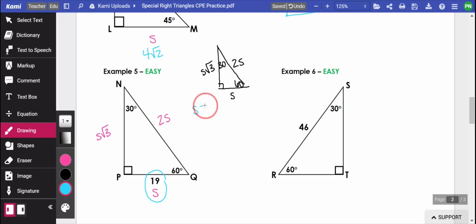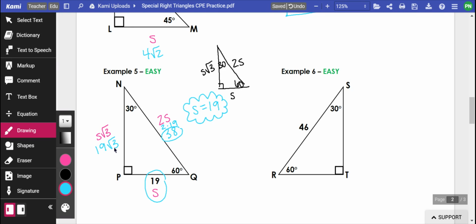So that means s is equal to 19, and we just want to plug it back in. The easiest one to do next is the hypotenuse. 2 times 19 is going to give us 38. And then for our other leg, it's 19 times the square root of 3.